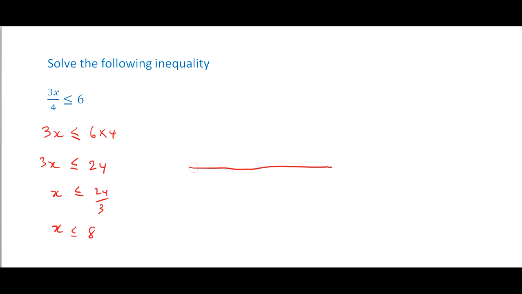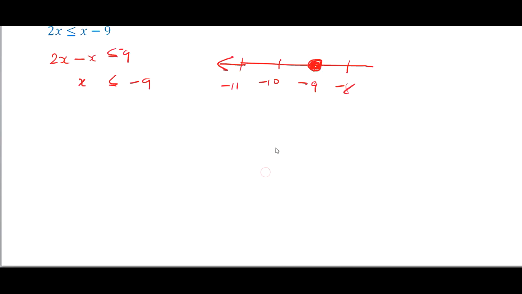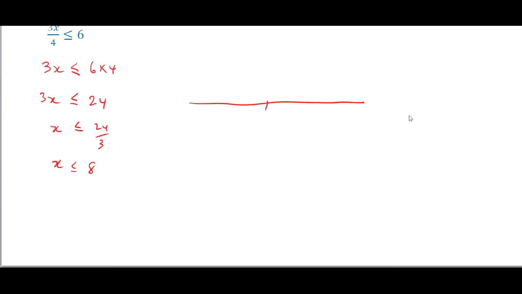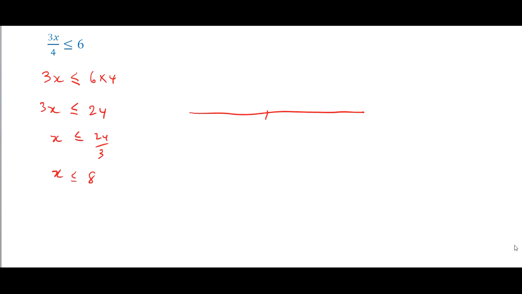And on a number line, we put a point 8, so 9, 10, 7, 6.